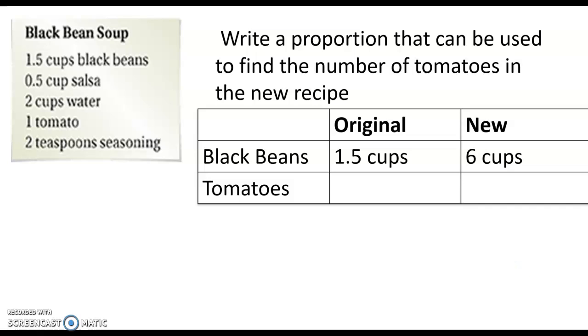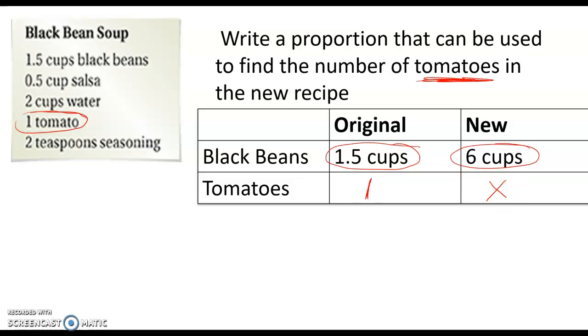All right, so this one, write the proportion that can be used to find the number of tomatoes in the new recipe. So they still have black beans right here, original and new. And this time we're looking for tomatoes. So what was the original amount of tomatoes? If we look in the chart, it's 1. So there's going to be a 1 right here, and we're going to use an x right there.